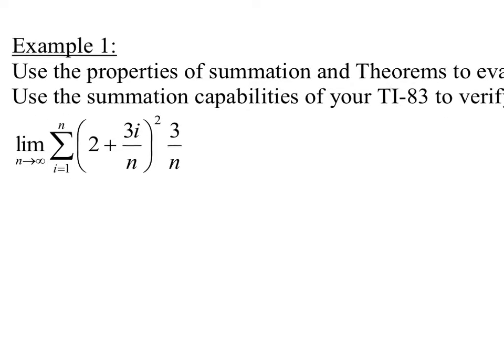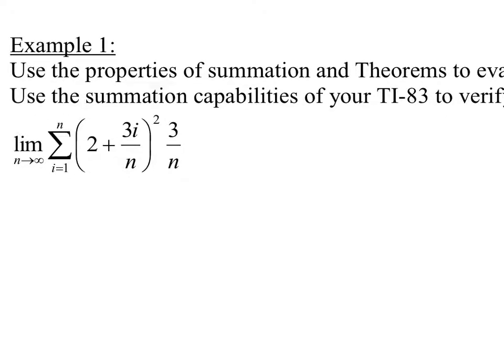What I'm going to do is use some different properties that we have to find the actual value of the sum. First of all, I'm going to deal with this, and then I'll take the limit, just so I don't have to write the limit over and over again. You'll notice here, I'm taking the sum from i equals 1 to n.